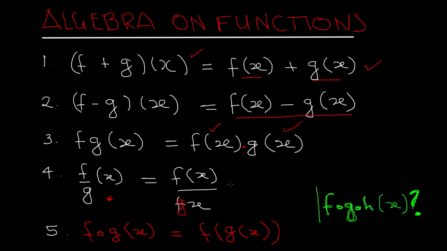So this one here will be our setup that we can actually use to do some operations. Now, I've put this in red for a reason. I've highlighted this for a reason.